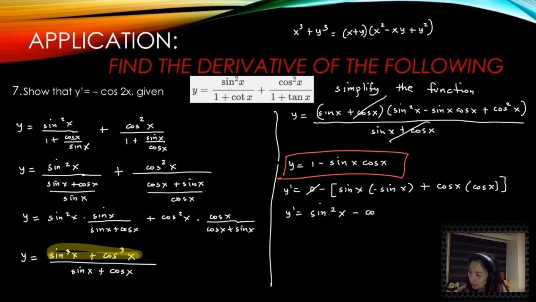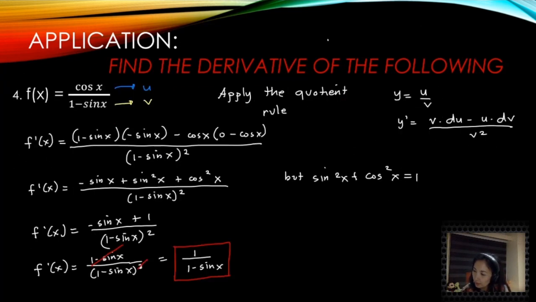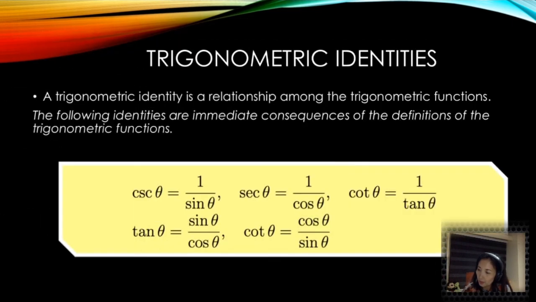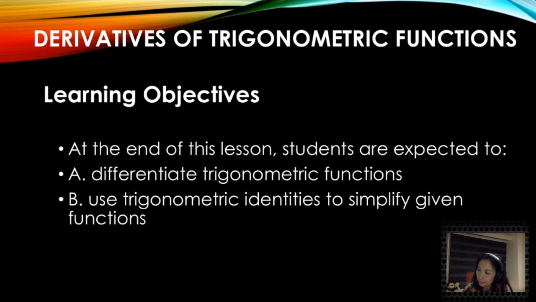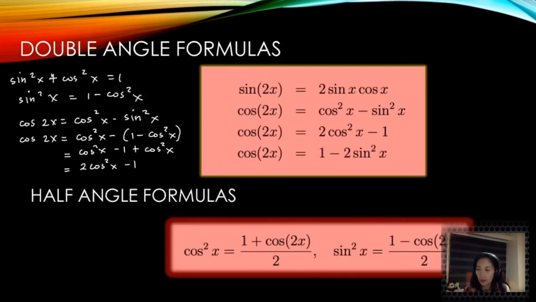Now go back to your list of identities. Remember sine squared x minus cosine squared x. Let's go back to our slide on double angle formulas.